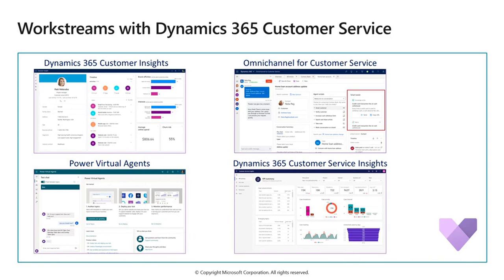With Dynamics 365 Customer Service, you got some AI, you got some additional tools. You got the Dynamics 365 Customer Insights that will give insights about a specific customer. You got the omni-channel for customer service, just to ensure that whenever the customer starts discussing with the chat and continues right after with the mail, the discussion will stay consistent.